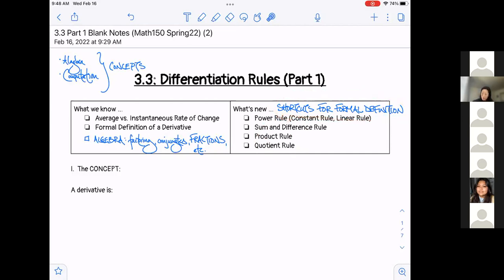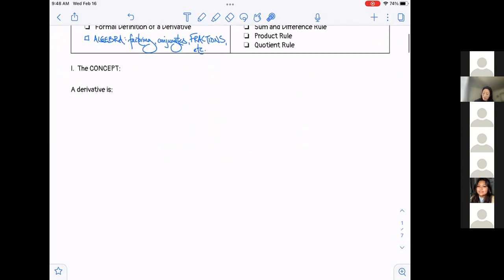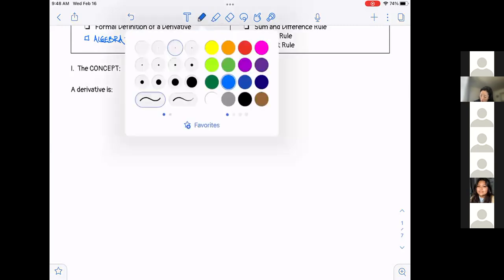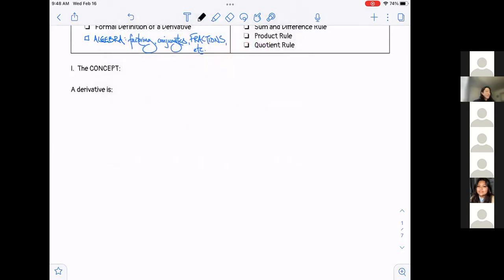All right, so let's talk a little bit about the concept, a quick review of what a derivative is. Can someone remind me from our conversation on Monday, what is a derivative?